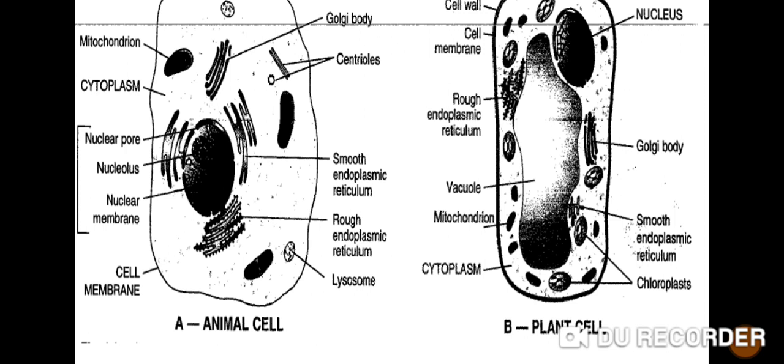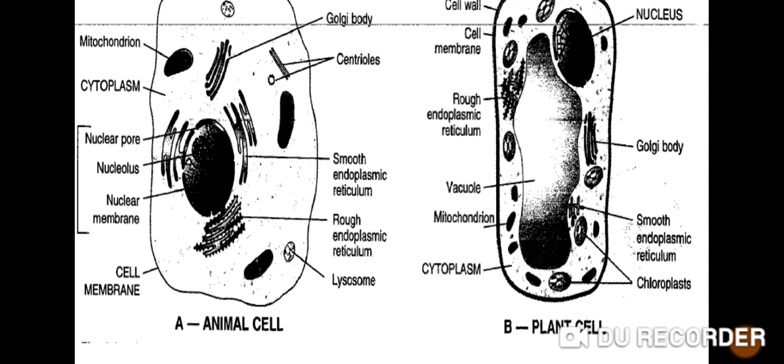Hence, together, we always regard the cell membrane as lipoprotein in nature, which has lipids and proteins. Then the cytoplasm has the mitochondrion, also called the energy powerhouse of the cell.